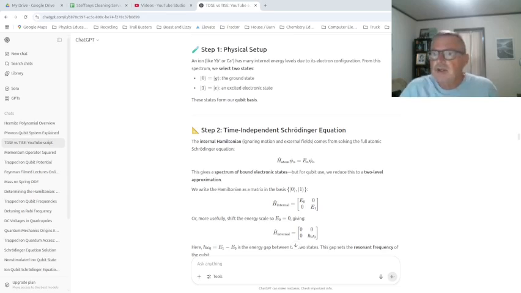0 and 1 come from binary computers, like the traditional ones. And here we're going to say that 0 represents the G, or the ground state, whatever the energy is there, and 1 equals an E, the excited electronic state, meaning you have an atom here and it can be excited up to the next electronic energy level.